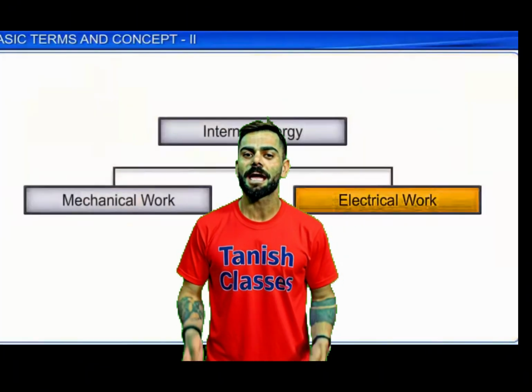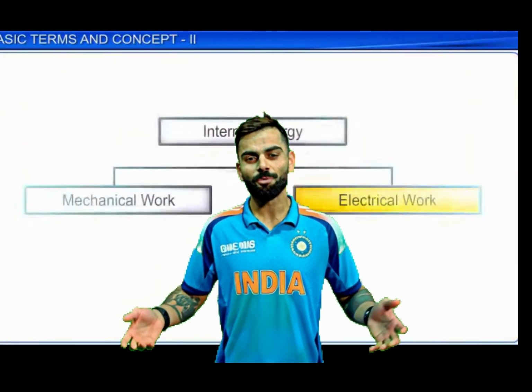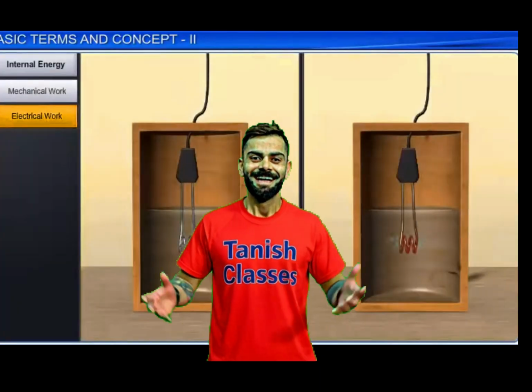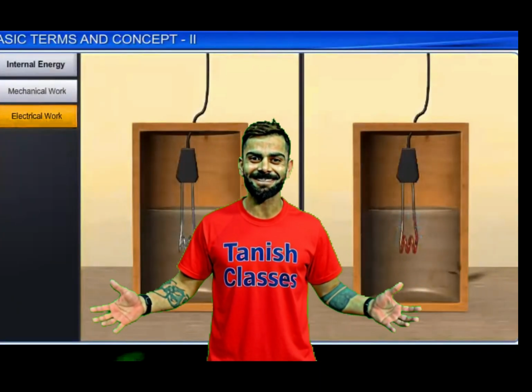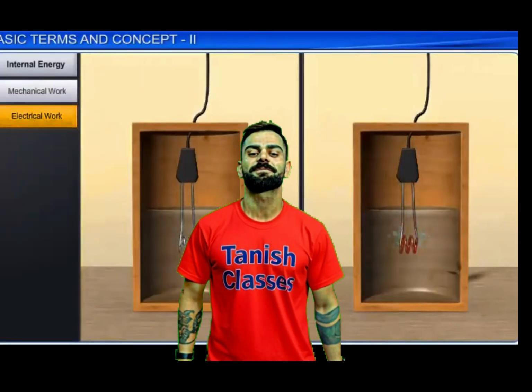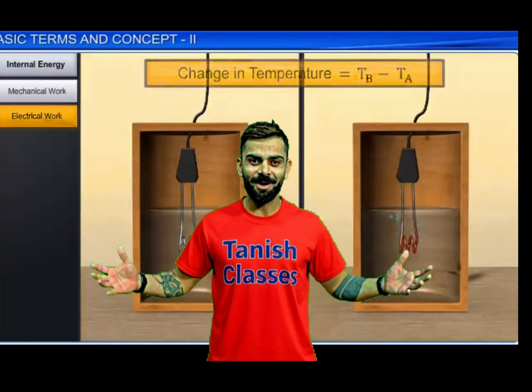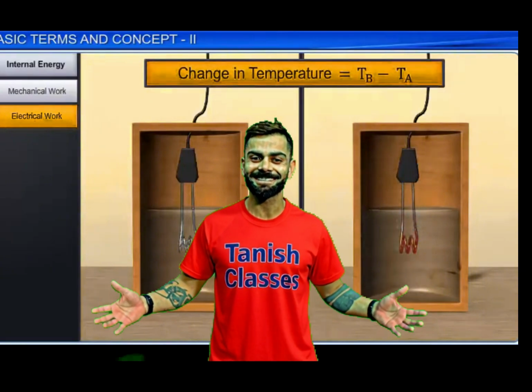In the second method, internal energy can be increased by the same amount by doing electrical work. In this, an immersion rod is kept in water and the temperature before and after is measured. We find the change in temperature as TB minus TA.